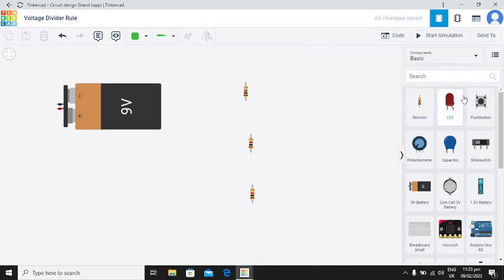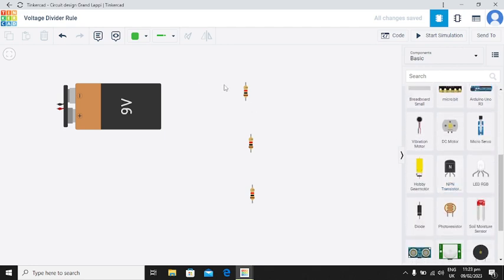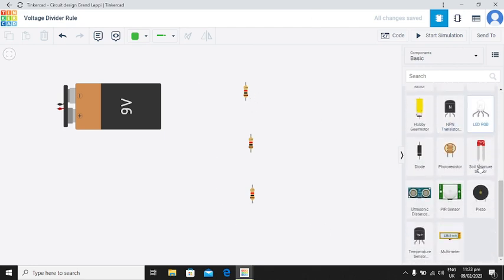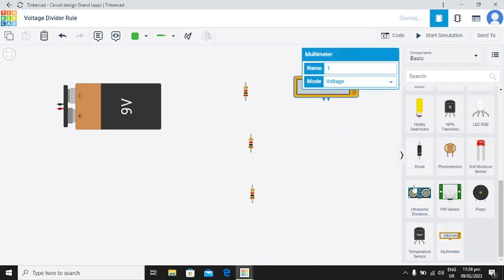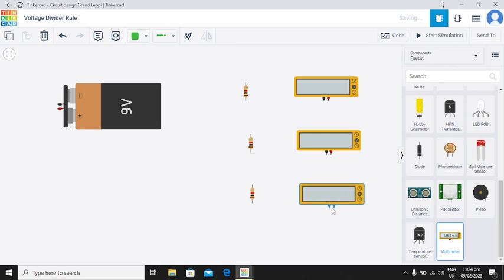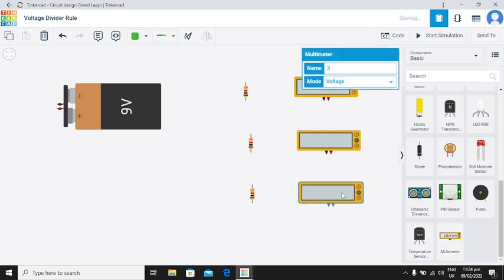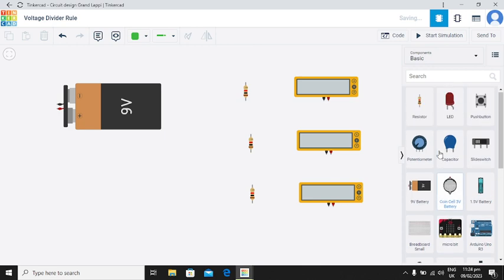Okay, and for these resistors I need 3 respective multimeters to count the voltage level across these resistors. And one more thing I need is a push button.